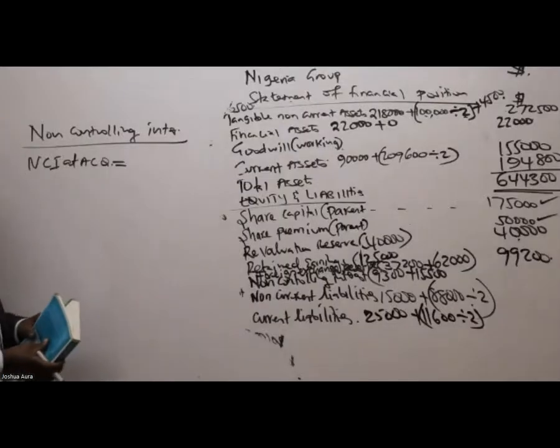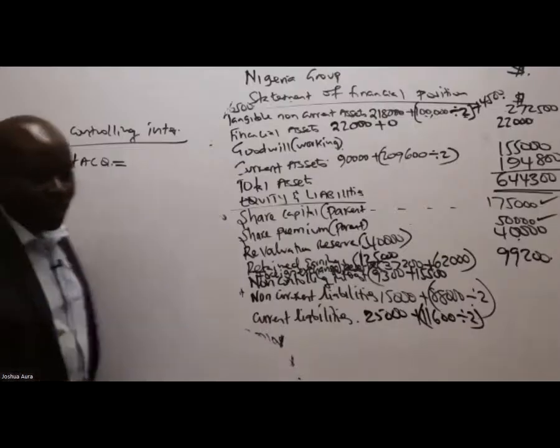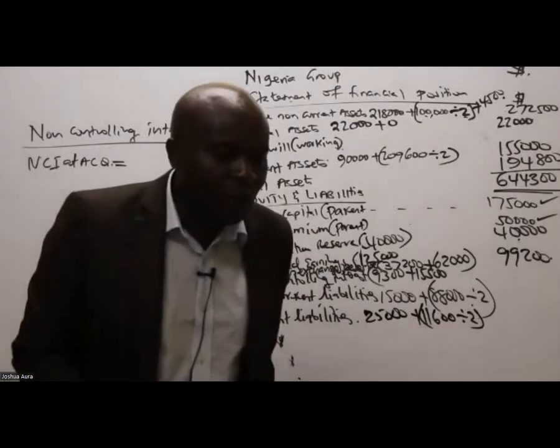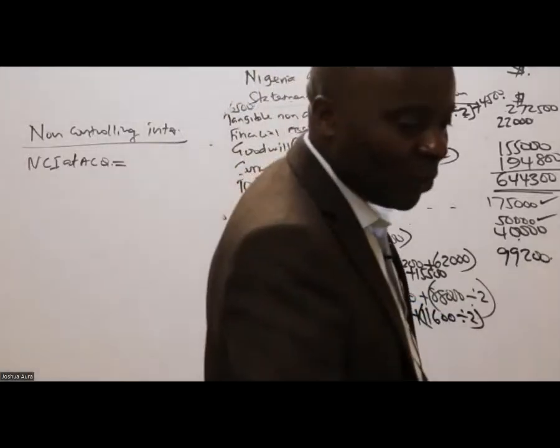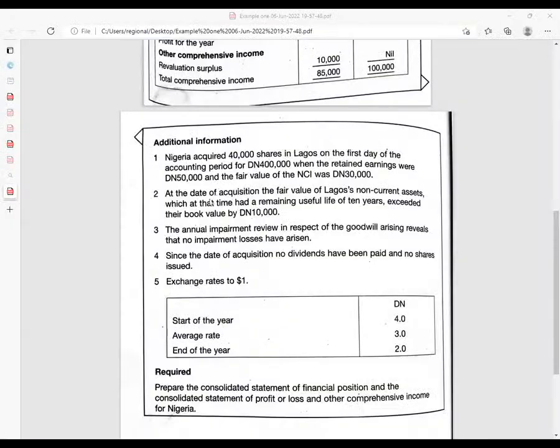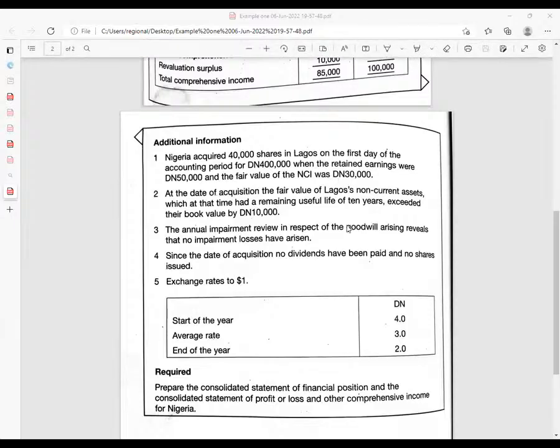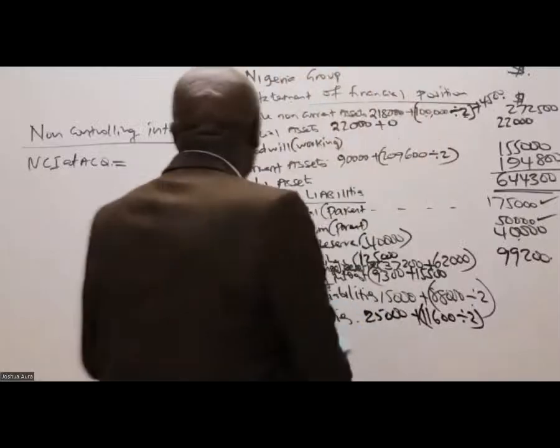NCI at acquisition is here. It is 30,000, the fair value at acquisition. Isn't that right? NCI at acquisition is 30,000.